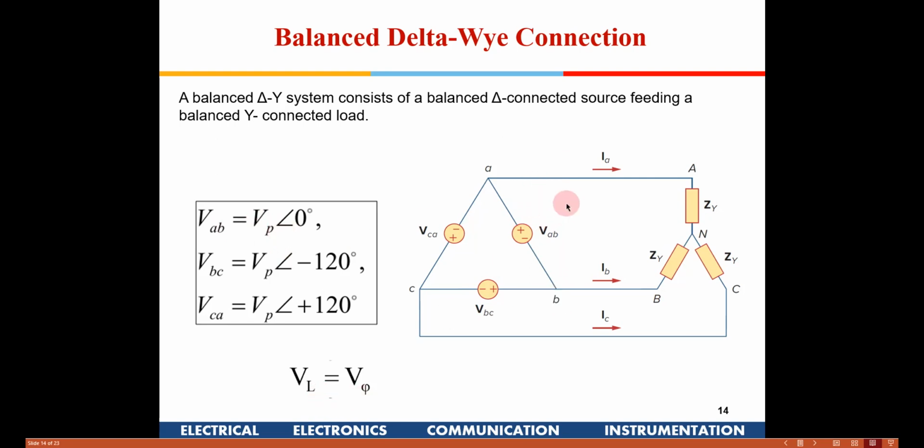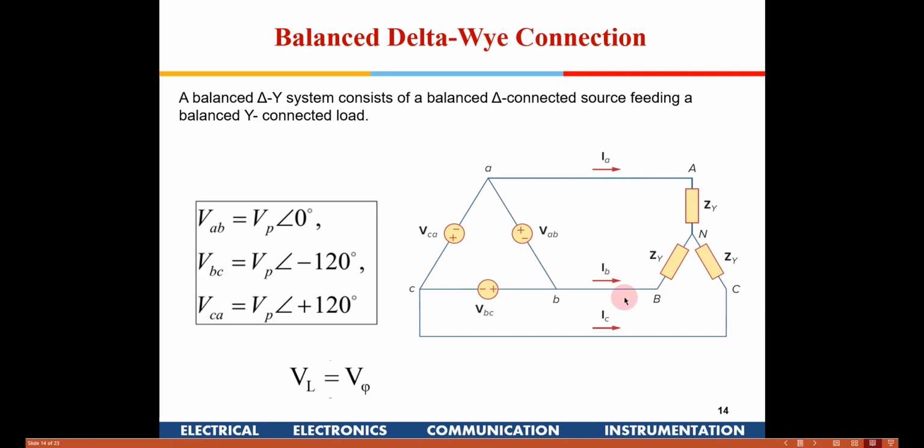If it is a star or Y source, the line voltage is going to be √3 times the phase voltage, and if it is a delta connection, the line voltage is the same as the phase voltage. Coming to the load side, if it is star connected, the line current and the phase current are going to remain the same, whereas if it is a delta connection, the line current is going to be √3 times the phase current.